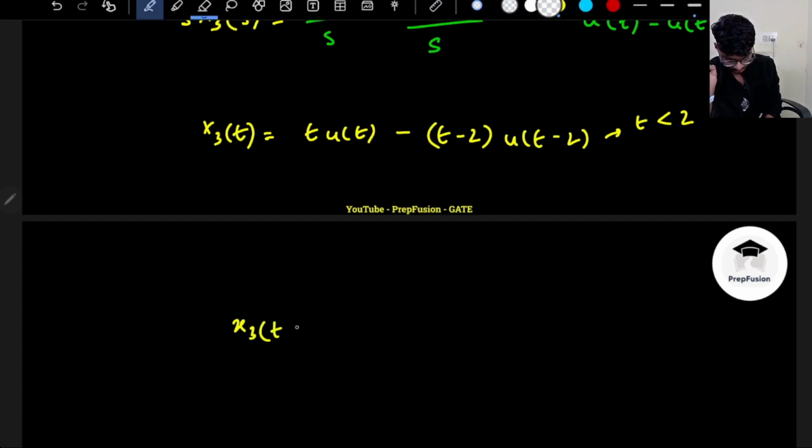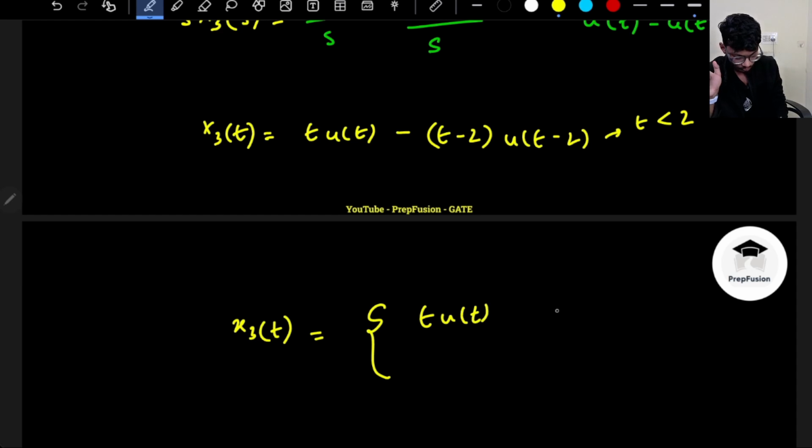It is not a finite duration signal but a bounded signal. It will be equal to t u of t for t less than or equal to 2, and it will be equal to 2 u of (t minus 2) for t greater than 2.